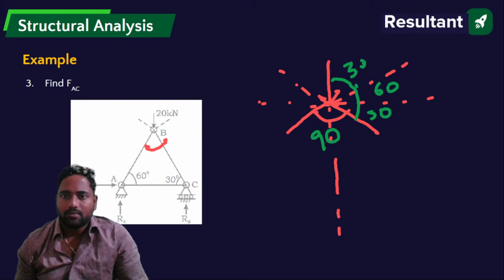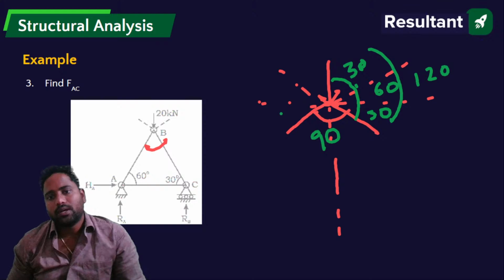That means this angle would be 60 plus 60, 120. So this is 120, 90.